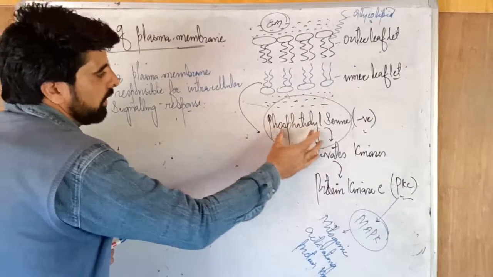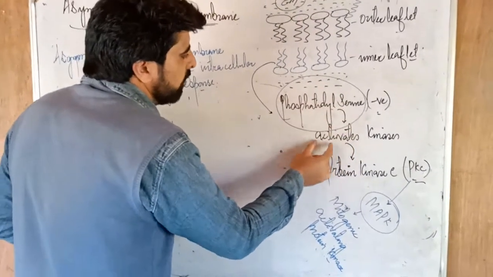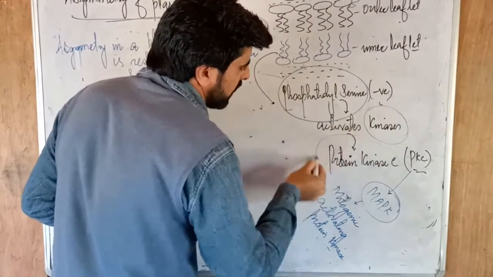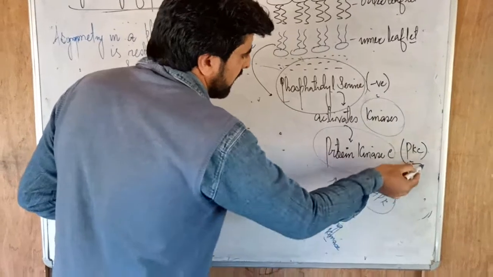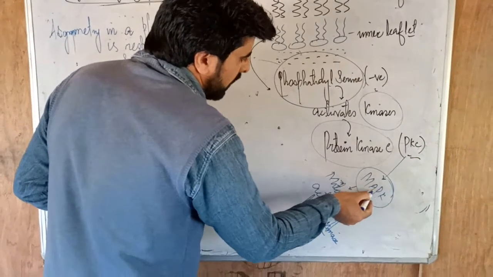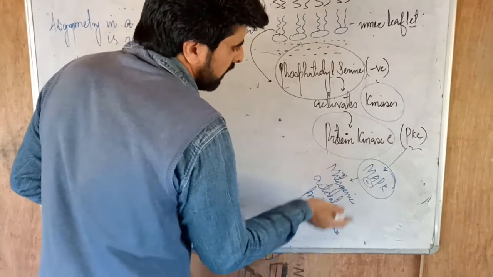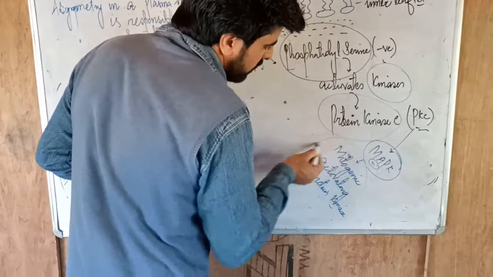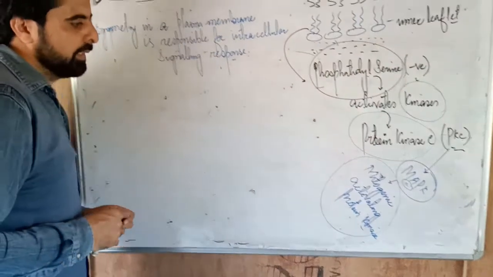The very important phospholipid is phosphatidylserine, which activates various kinases. But among the kinases, the most important one is protein kinase C, the PKC, which is activated here. It is an important component of one of the cycles mainly responsible for cell signaling, the MAPK, the mitogen activated protein kinase.